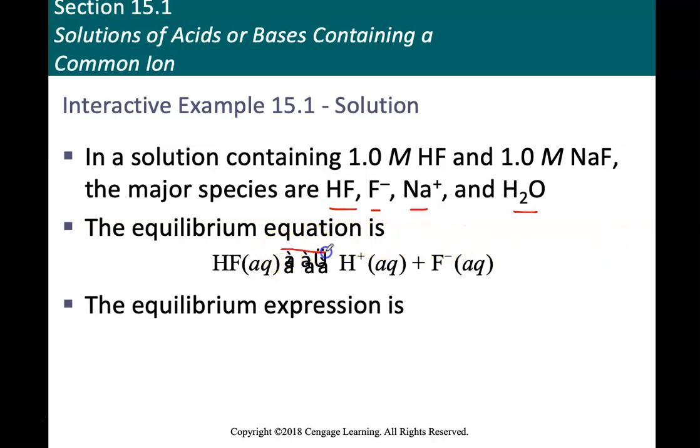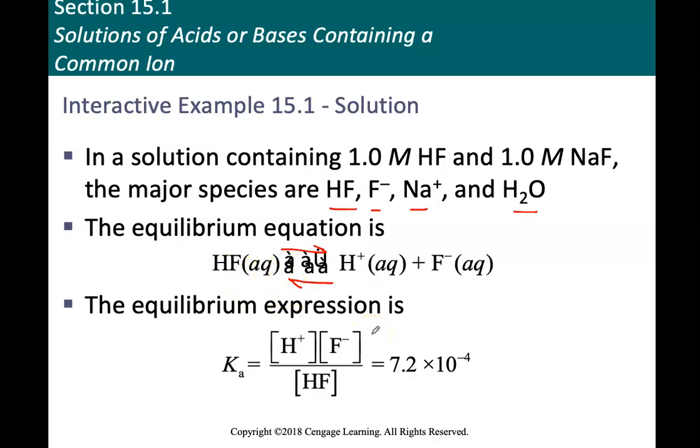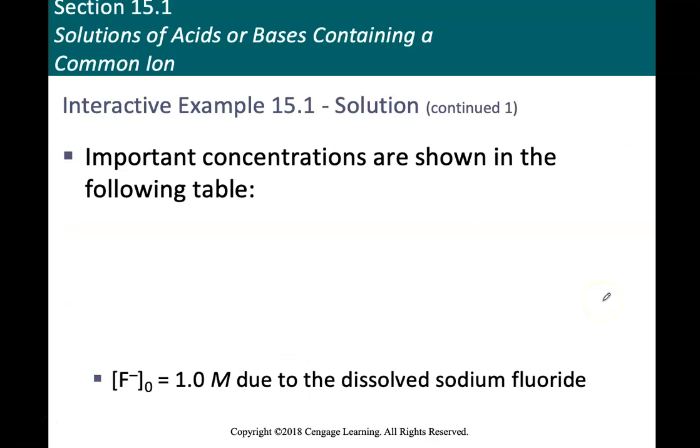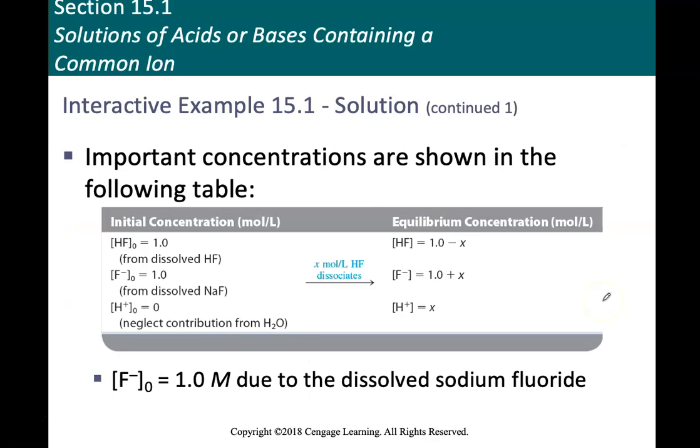Let me just draw the equilibrium. And that's the ionization of the weak acid. And so the Ka expression for that will be the concentration of the products divided by the reactants, and we're given the Ka value.